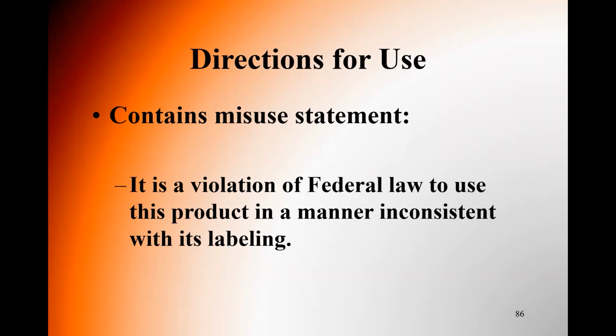Under application is just as illegal as over application. Why is that? Because it creates resistance quicker when we under apply a chemical as when we over apply. So the label is the law. And if we use it outside of that label, we are in violation.